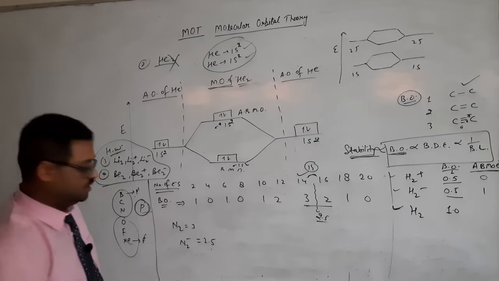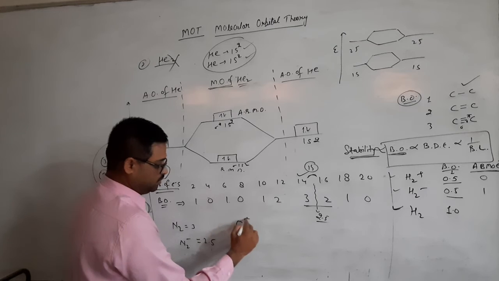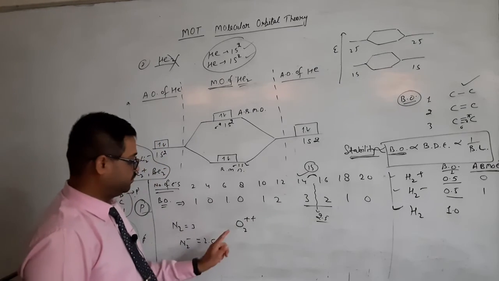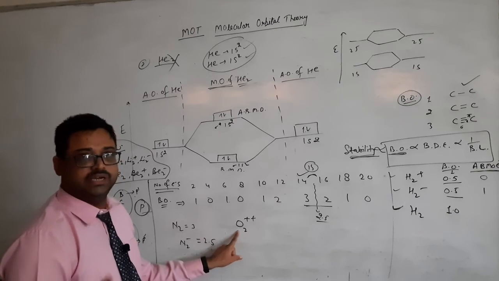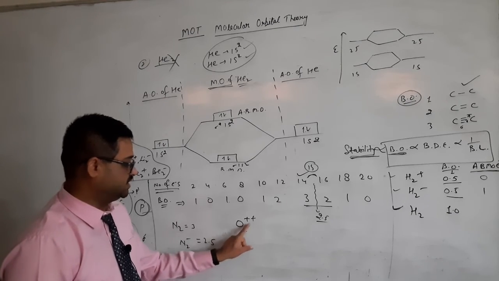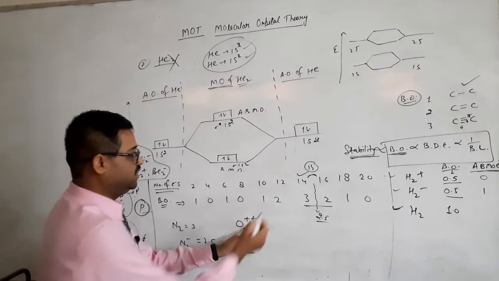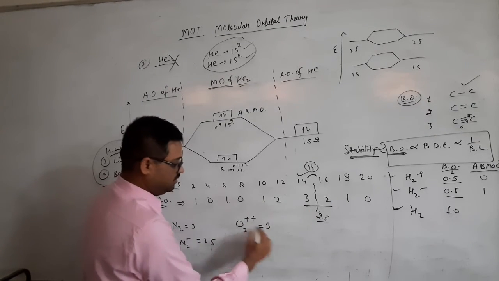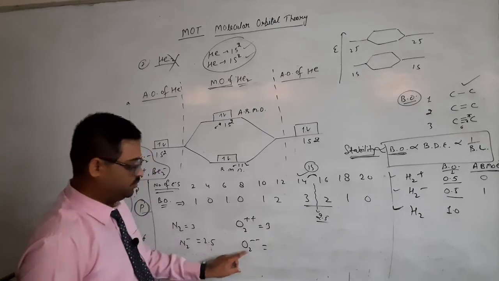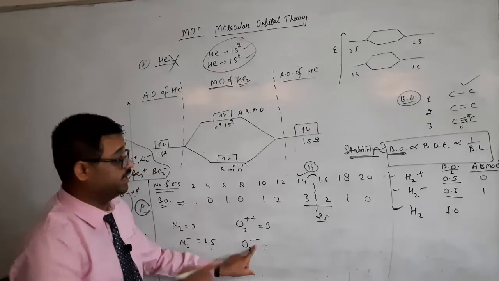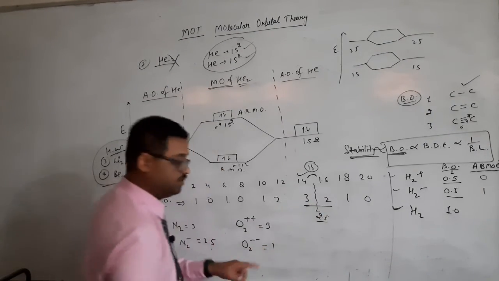So by this trick you can determine the bond order. Take O2 plus. You know oxygen comes at the 8th position, so 8 electrons are there. 8 twos are 16, 16 minus 2, 14. 14 means 3, so the bond order will be 3. If it is O2 minus, then 8 twos are 16, 16 plus 2, 18. 18 means 1, so the bond order will be 1.